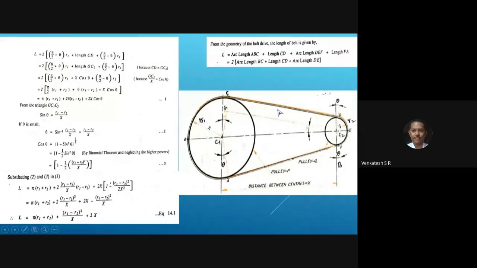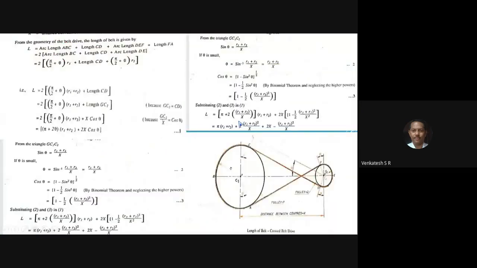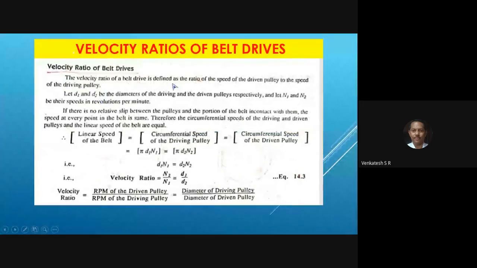That is the velocity ratio, how much velocity the driven pulley runs relative to the driving pulley. Next, come to the point, write down.